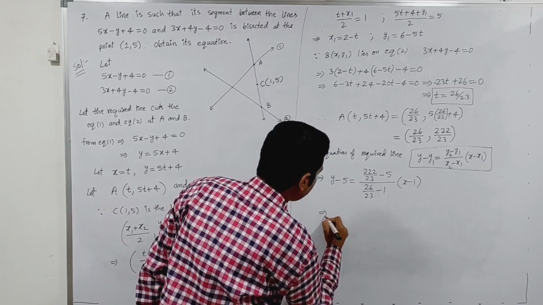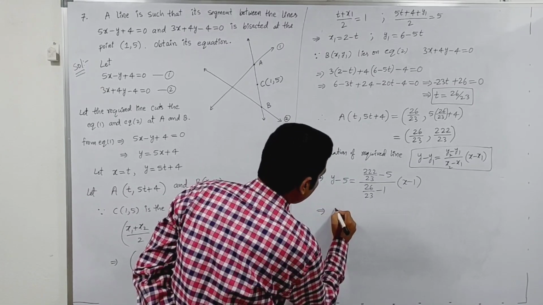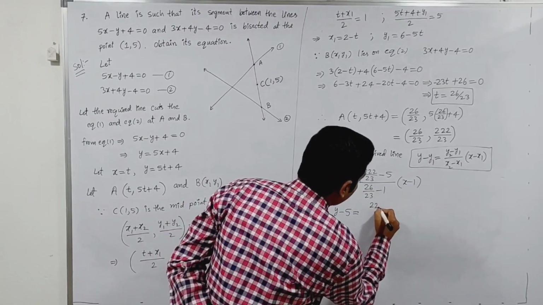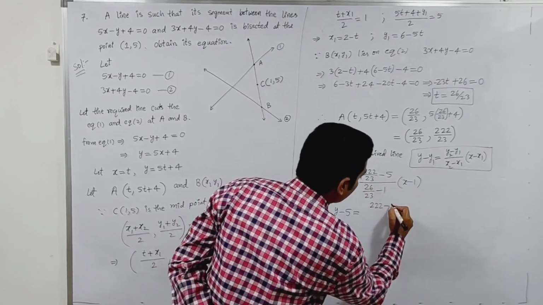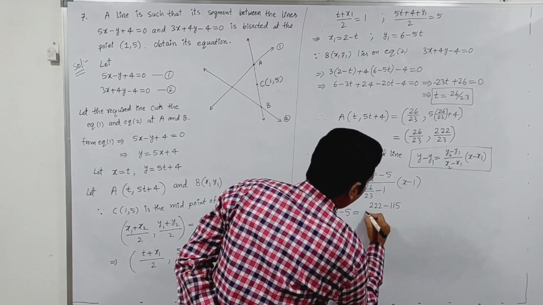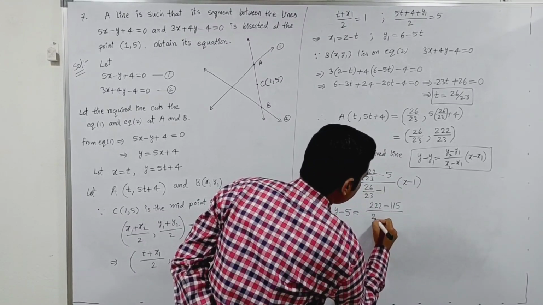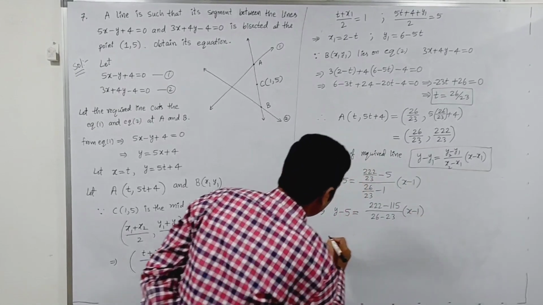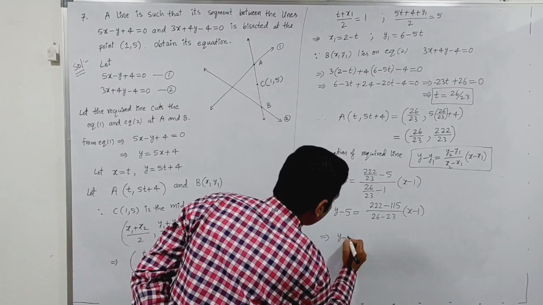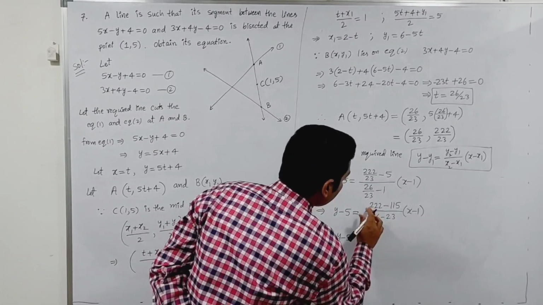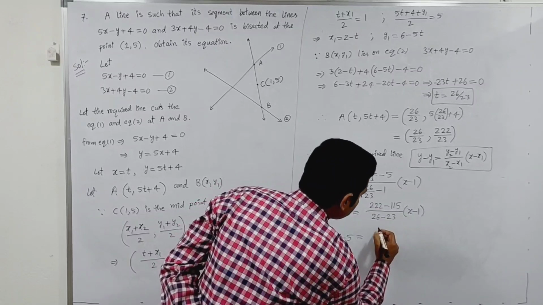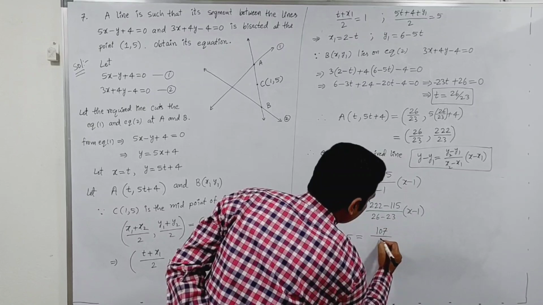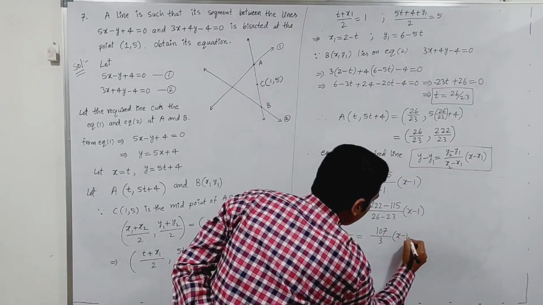Now simplify this equation. From the above equation, y minus 5 equal to (222 minus 23 into 5, that is 115)/(26 minus 23) into (x minus 1). By simplifying, we get y minus 5 is equal to (222 minus 115, that is 107)/(26 minus 23, that is 3) into (x minus 1).